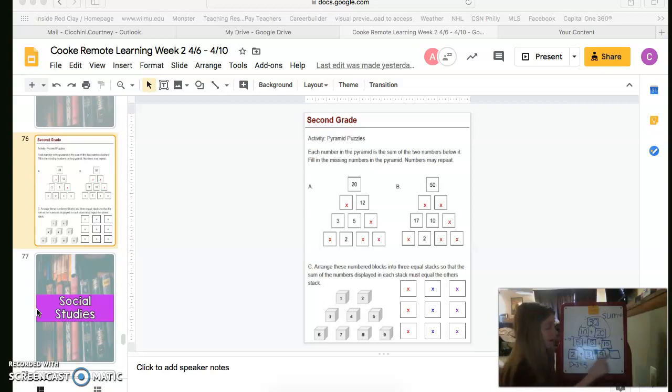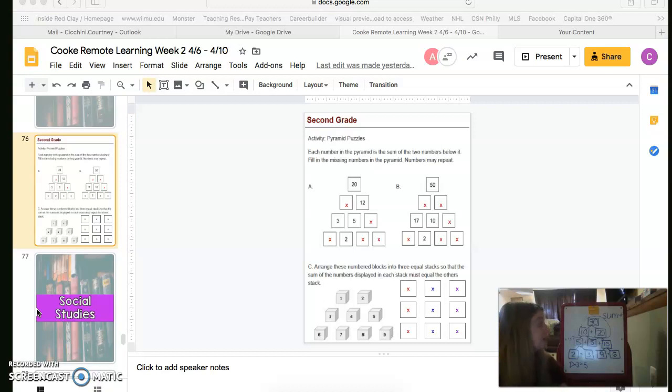And think what partner of 9 would give me 15. So we can count up again. 9, 10, 11, 12, 13, 14, 15. And I get 6. 9 plus 6 equals 15. Very good.